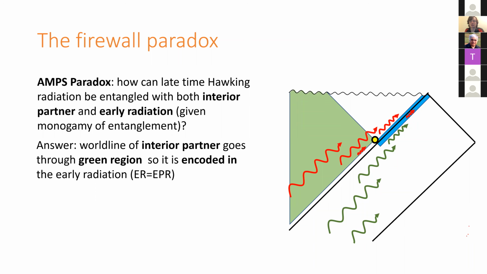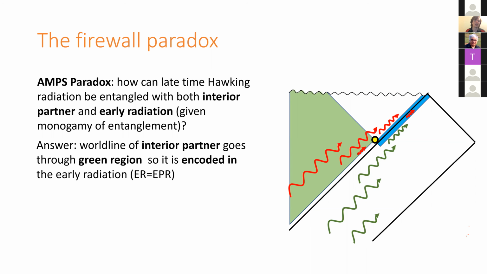So how do we resolve this paradox? Well, it's very simple. We just evolve that interior partner mode back in time, back to here, and we notice that it's in this green region. What does that mean? It means that it's in the entanglement wedge of the Hawking radiation, so it's secretly encoded as a complicated operator in the early Hawking radiation.